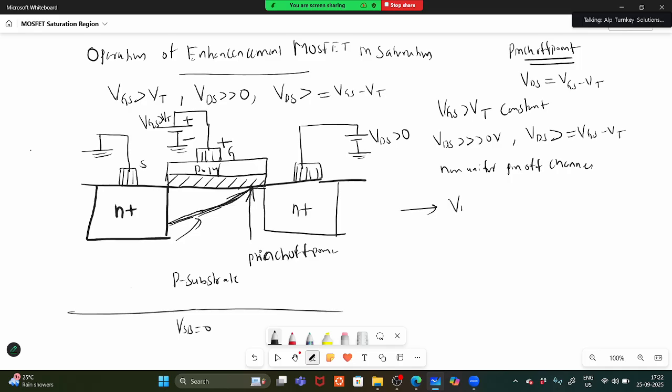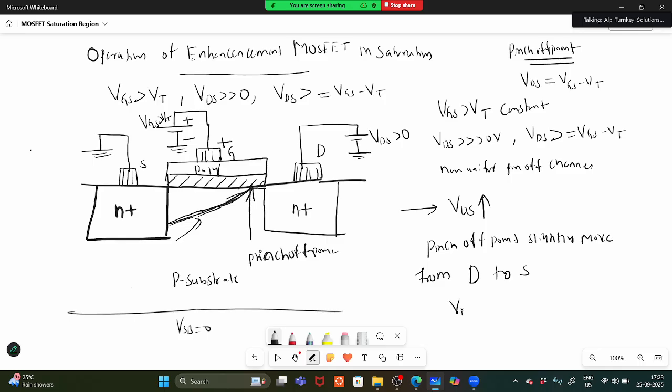Further increase in VDS, what happens? The pinch off point moves slightly from the drain to the source.